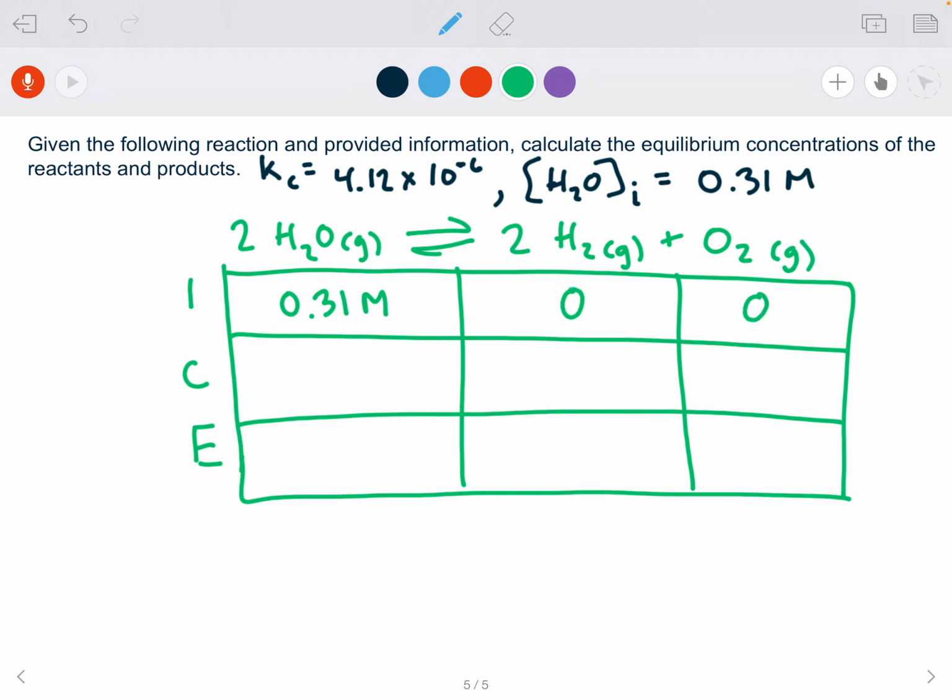And we have initial concentrations of 0 for the H2 and 0 for the O2. The change, though, because we have different coefficients now, you're going to lose minus 2x for H2O, plus 2x for H2, and then plus x for O2. So your final is 0.31 minus 2x, 2x, and x.